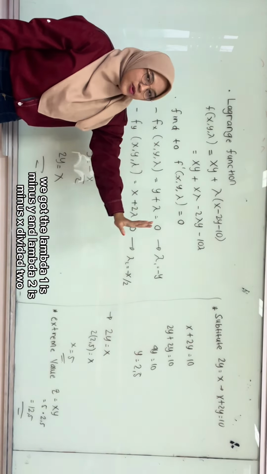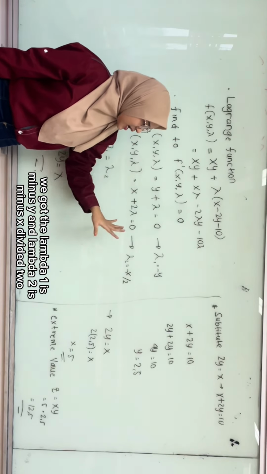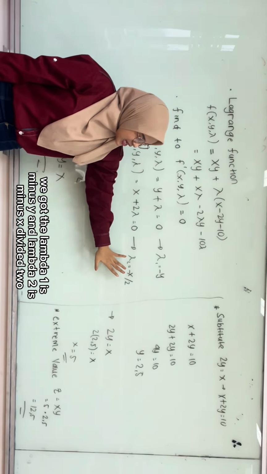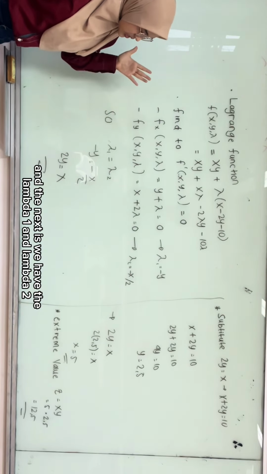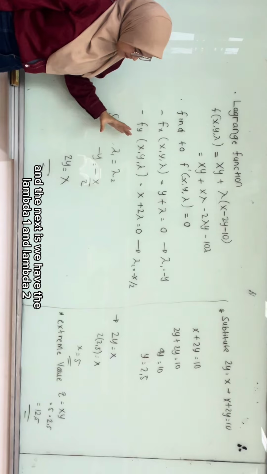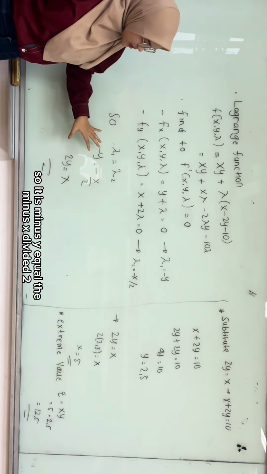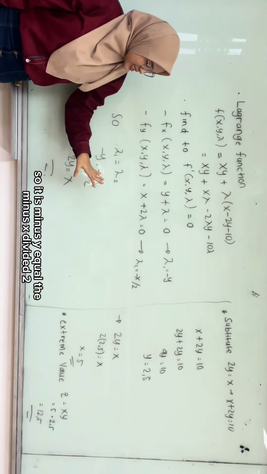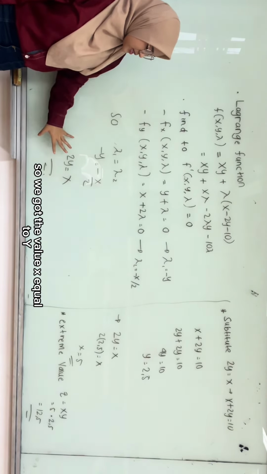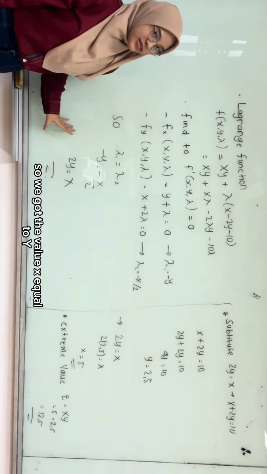So lambda 1 is minus y and lambda 2 is minus x divided by 2. Equating them, minus y equals minus x divided by 2, so we got x equals 2y.